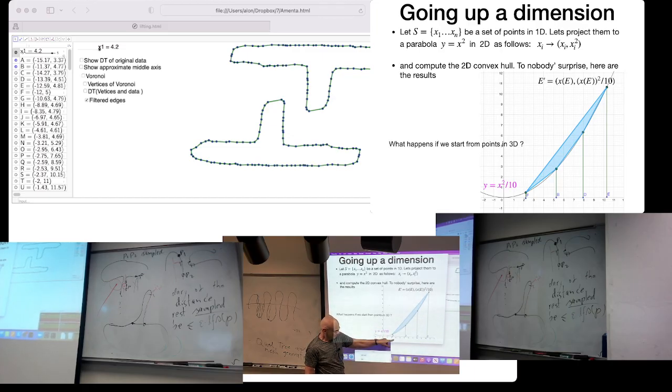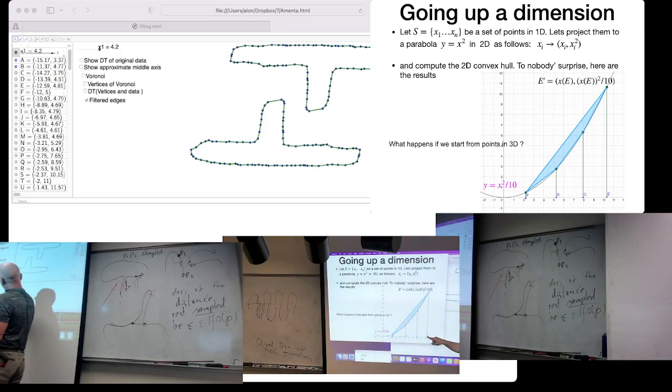So I look at F, its x value is 2. 2 squared makes it 4, divided by 10 just to compress it. Each point E was mapped to the point E prime, whose x coordinate is the same, and whose y coordinate is the square of the point. Again, ignore the division.